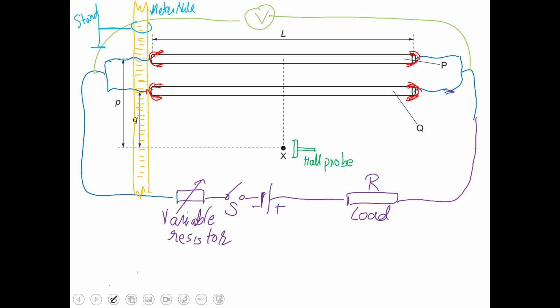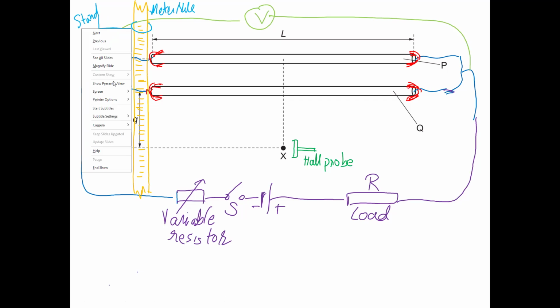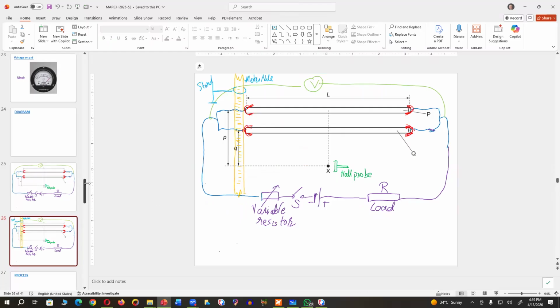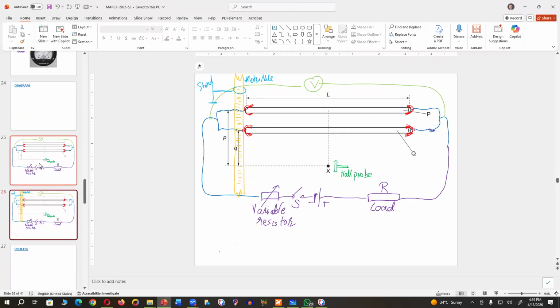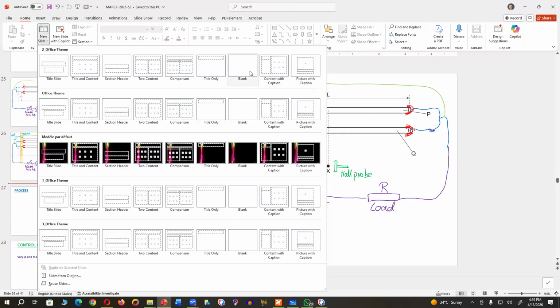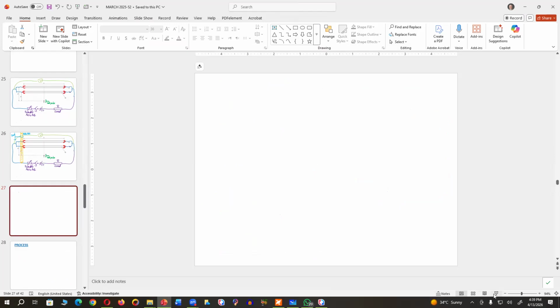Now, this is the whole circuit diagram. Draw the meter rule to measure P and Q. If you have space, you can draw this diagram also, but it is not necessary. Otherwise, you can explain it in your own words, normal wording is fine, how you are supposed to measure the cross sectional area.